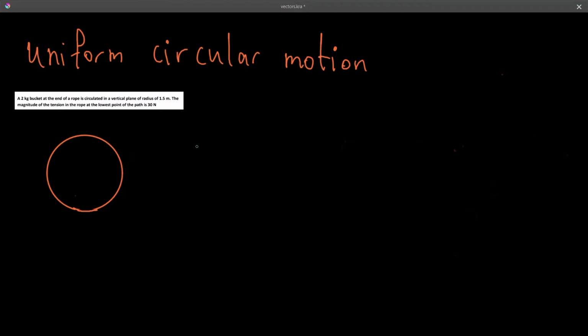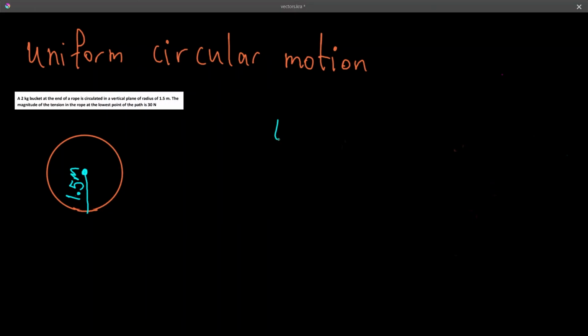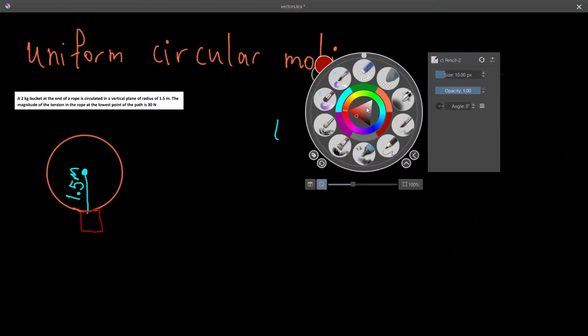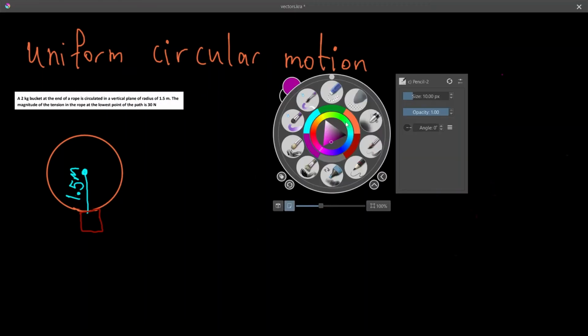So let's draw what we know, right? If this is the center, then the distance from the center to the lowest point, this distance right here, is equal to 1.5 meters. And then here is your bucket, right here. So let's draw the free body diagram of this bucket.